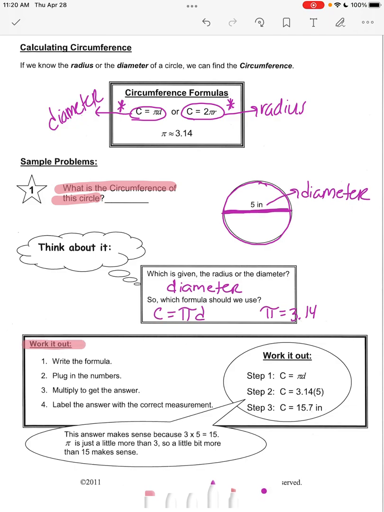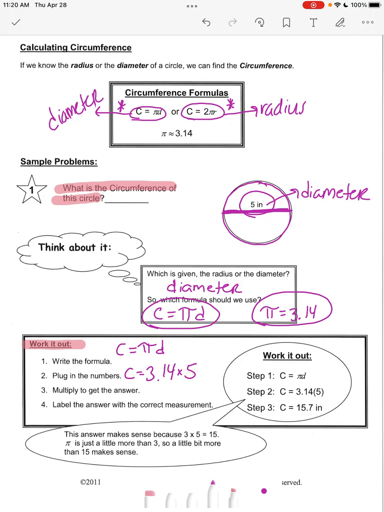First we're going to write our formula. So our formula is C equals pi times D. Then we're going to plug in the numbers. For pi, we said we're using 3.14, and our diameter is 5.